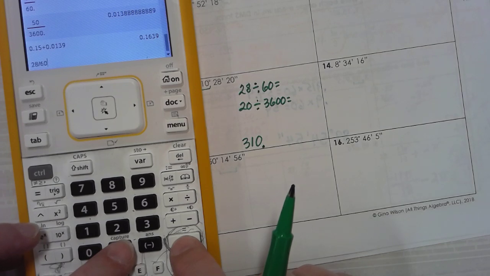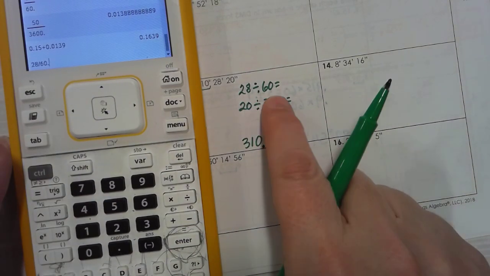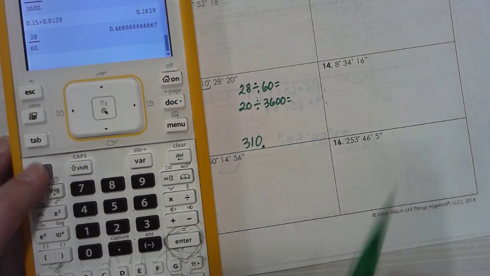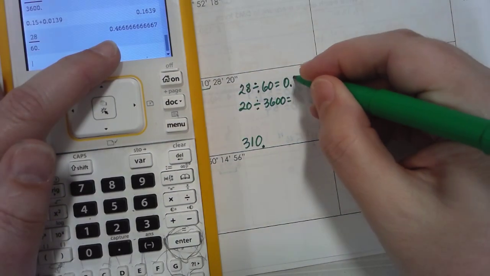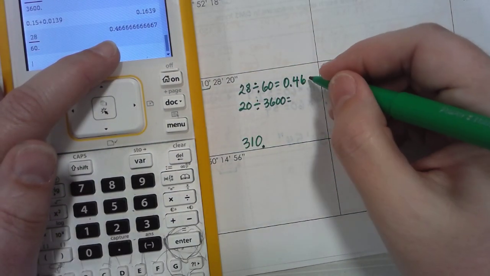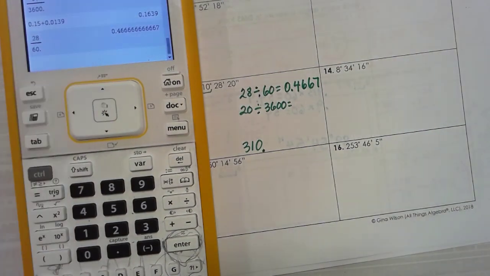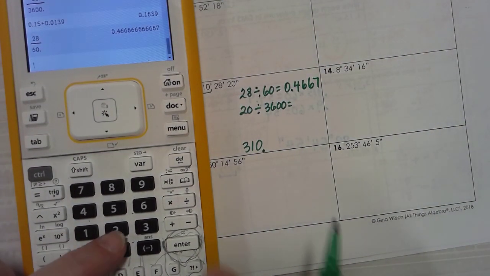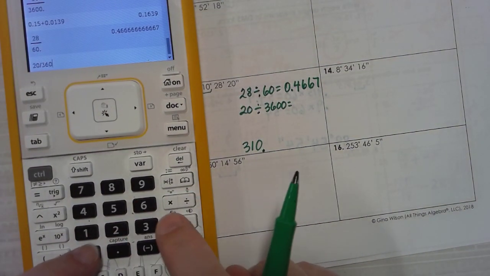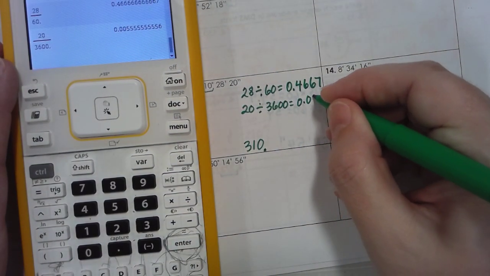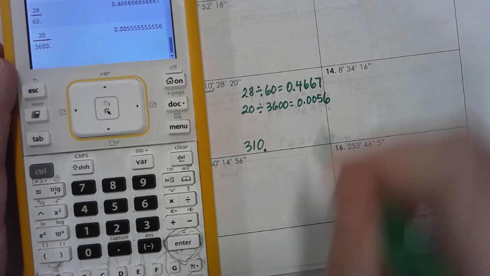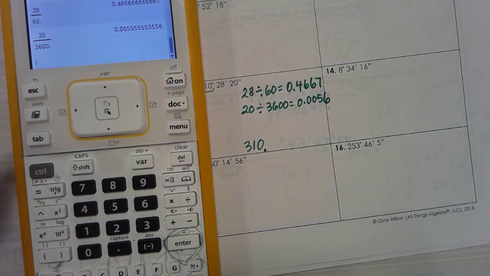28 divided by 60. Again, I'm going to put a decimal in there because these don't have decimals. They would automatically revert to a fraction if I don't put a decimal there. So 0.4667. And 20 divided by 3600 becomes 0.0056.